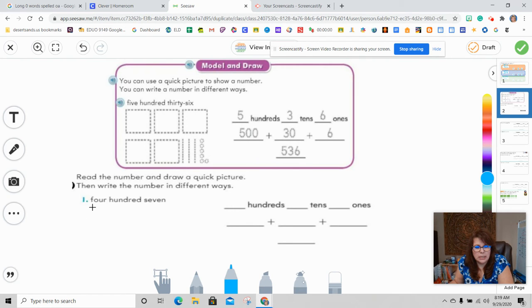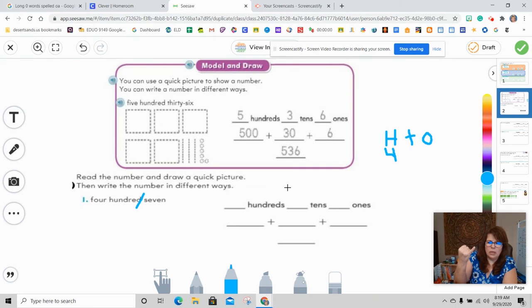So we're going to read this number first. I'm going to put HTO here on the side. It's always good to put the HTO, so as I read it, I can put my digits in the correct place. 400. So I already know I have 400, so I have 4 in the hundreds place. And then I have 7.